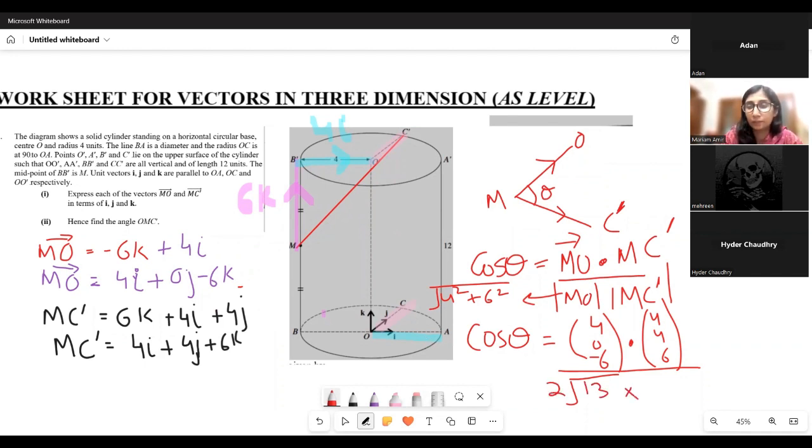MC dash is square root of 4 square plus 4 square plus 6 square, which is 2 under root 70.